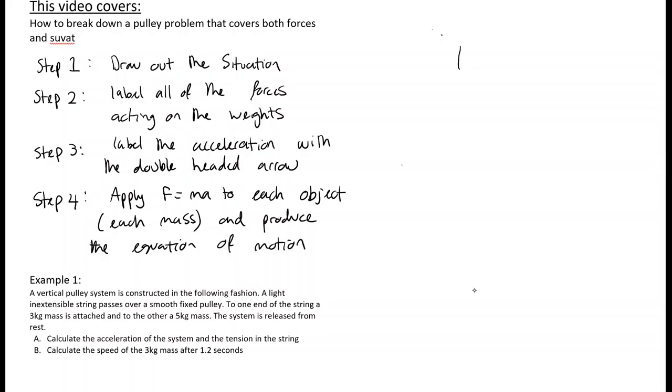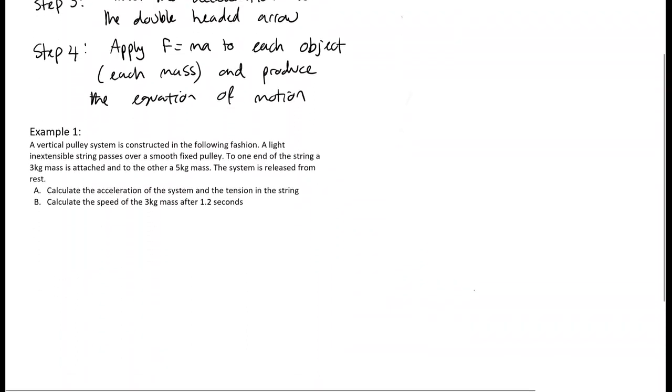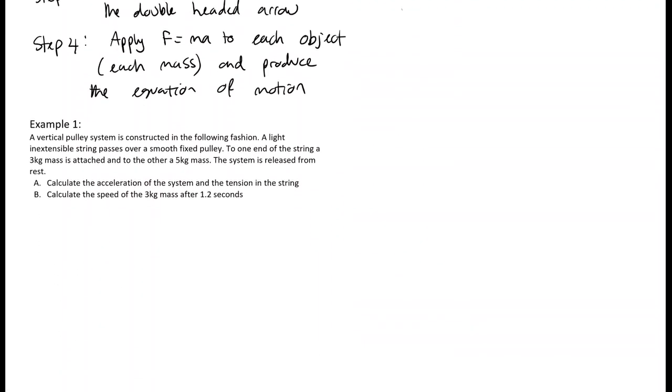Okay, we'll apply these steps to example 1. A vertical pulley system is constructed in the following fashion. A light inextensible string passes over a smooth fixed pulley. To one end of the string a 3 kg mass is attached and to the other a 5 kg mass. The system is released from rest.